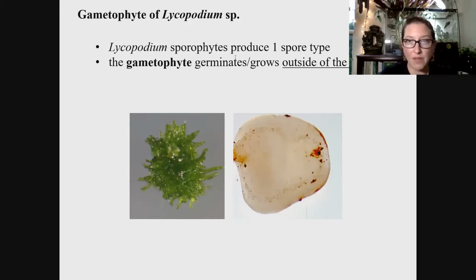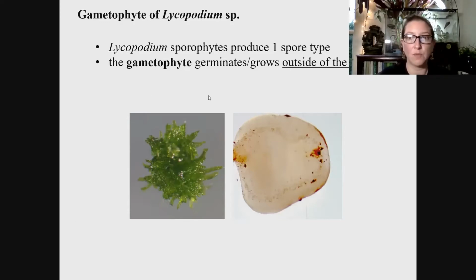On the left, you have kind of a green blob, which is photosynthetic. That one will just land on the surface and grow. The one on the right is from a different species. It's not green, and kind of almost looks like a little radish. That one will have an association with fungus in the soil in order to get nutrients.